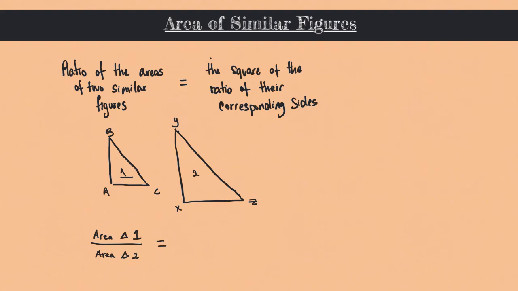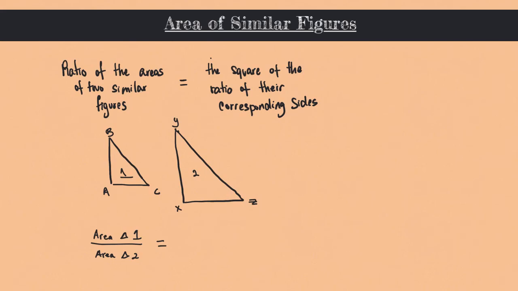Now, if these figures are similar, then the ratio of all of the corresponding sides are going to be equal. So what does that mean? Well, first of all, we can compare the ratio of the areas of our figures to any corresponding side of these similar triangles, and it should be the same.